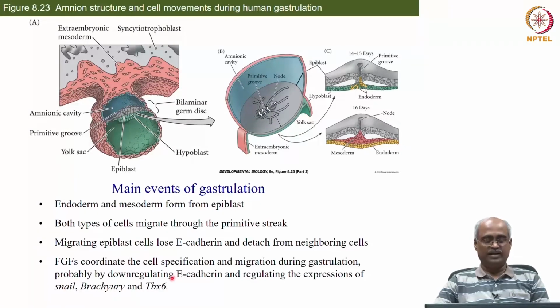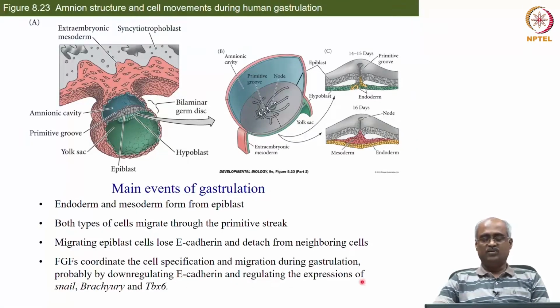FGFs coordinate the specification of these two types of cells, endoderm and mesoderm, and also help their migration during gastrulation. One of the potential downstream targets of FGF is E-cadherin. E-cadherin level is probably downregulated by FGF signaling, and that facilitates the detachment of these cells.